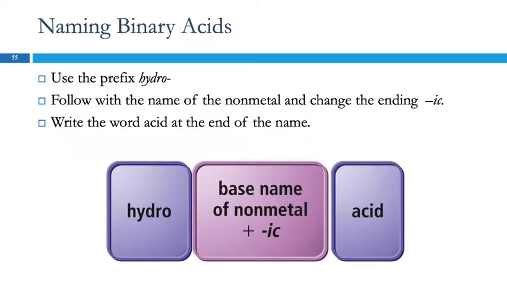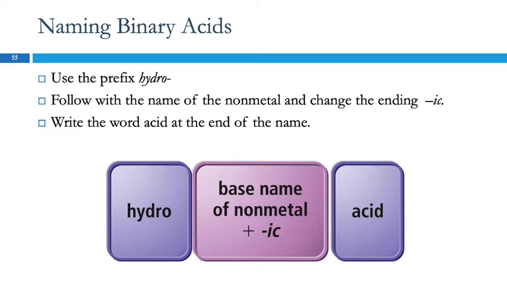So for a binary acid, we're going to start the acid's name with hydro, which kind of makes sense because the formula starts with hydrogen, right? So we're going to start it with hydro for hydrogen, and then we're going to look at the element name of the other element that's present.